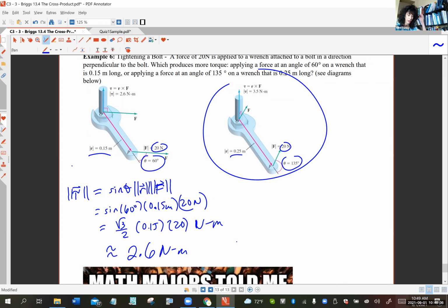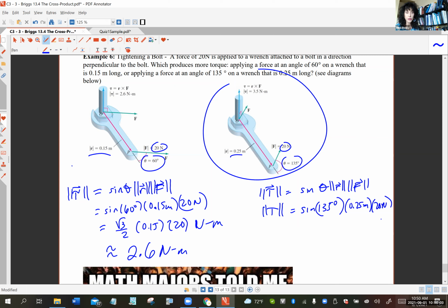Okay, there's a torque. How about the torque for the other diagram? Is that better or worse or what? So you're still going to use this torque formula here. Same torque, only this time you've got your angle of 135 degrees, and your wrench is 0.25 meters long.